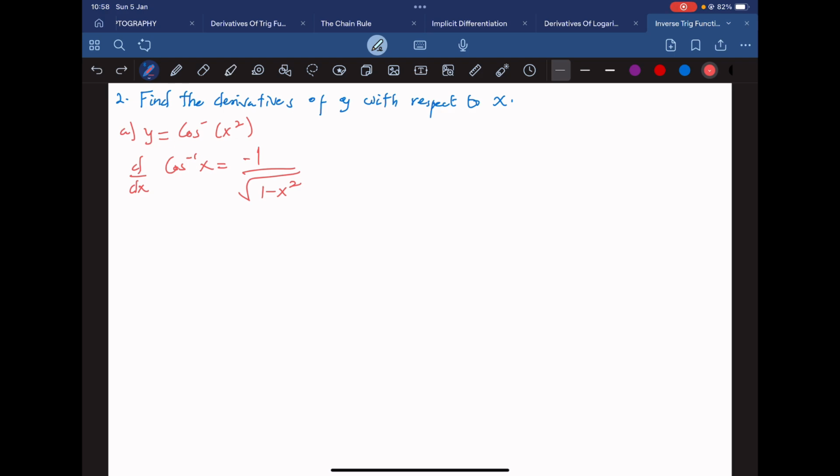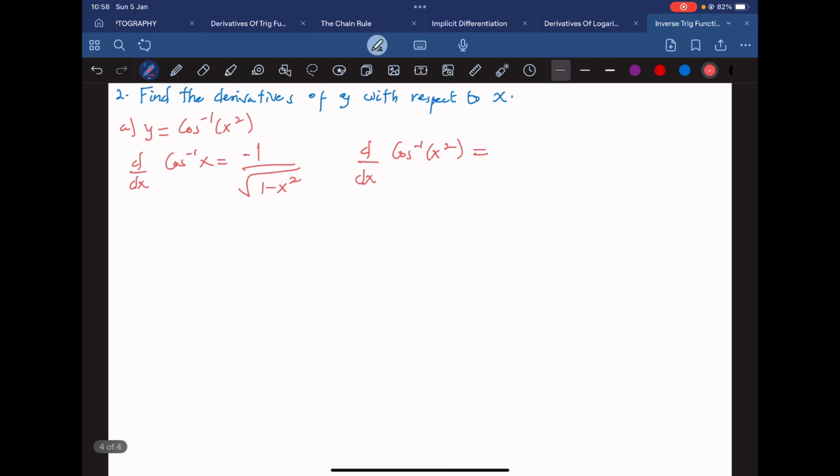So in this case, if you differentiate, all that you have to do is wherever we see x over here, we have to replace it with the x squared that we are given. So it is the same thing, just that we've changed x to x squared. So we just have negative 1 in the numerator.